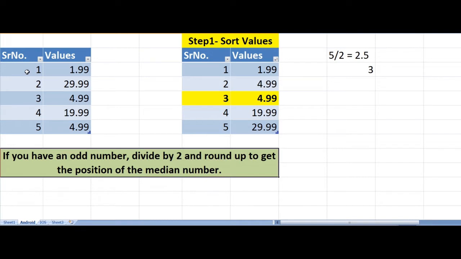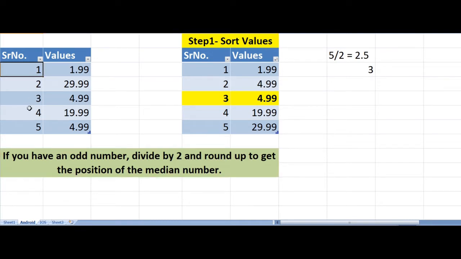So first of all, what is the total number of values? It's 5. Now we have to divide it by 2, so what do we get? 2.5. Now we have to round up to the closest integer, so here it will go up to 3.